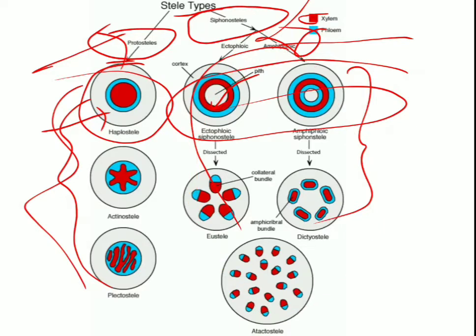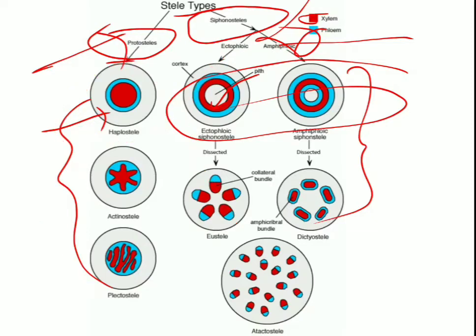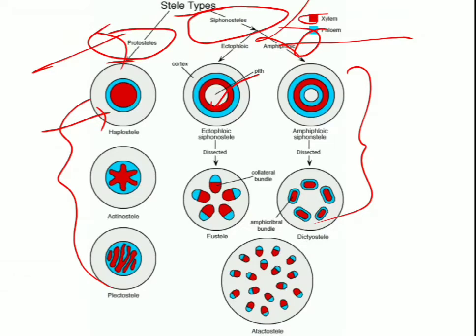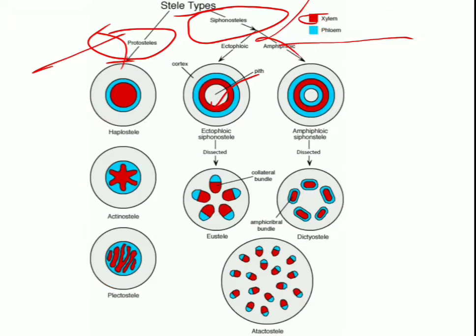So it is very simple. What is protostele and what is siphonostele? In stele, if pith is present it is siphonostele, and if pith is absent it is protostele.